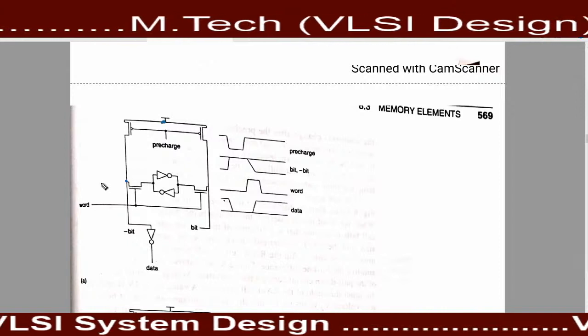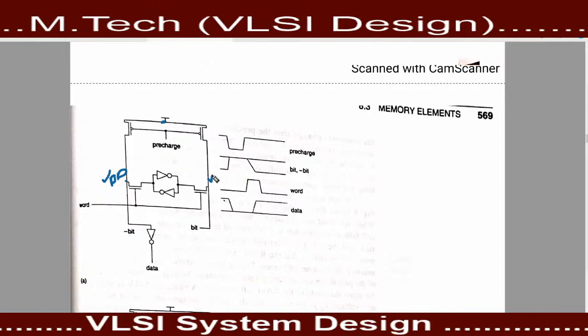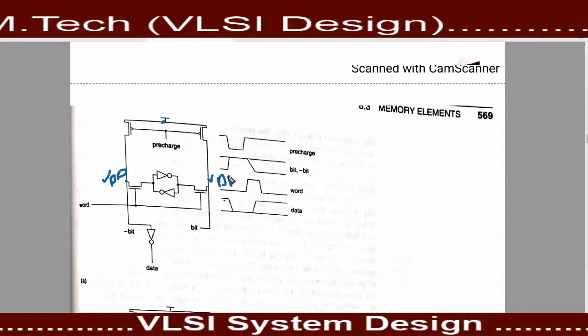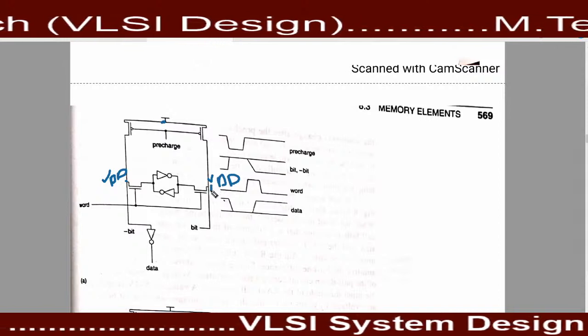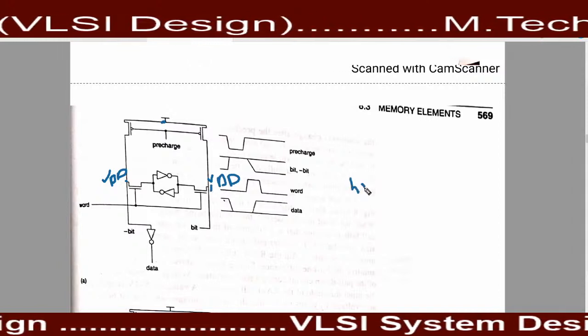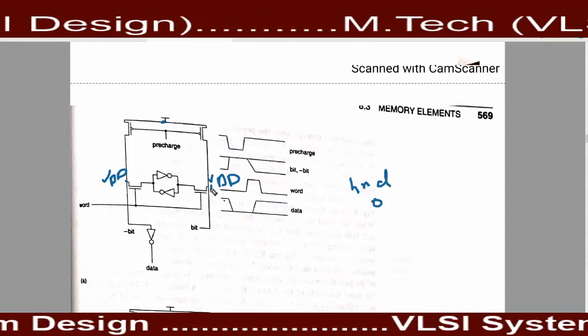That's why the VDD potential occurs here, the same as the VDD potential will occur here. VDD means you can understand it as 1, and ground means 0. It means that 1 is present here.